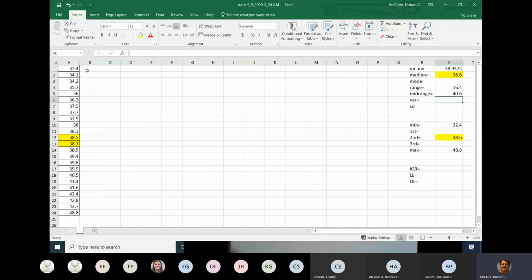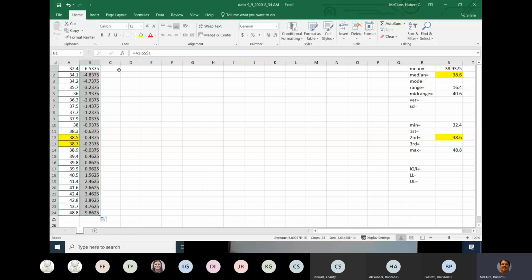And the variance, I'm going to go ahead and equals this number minus the mean. And I'm going to copy that down. And I'm going to square it. And most of y'all should know how to do that. We've done 3 or 4 problems, I think.